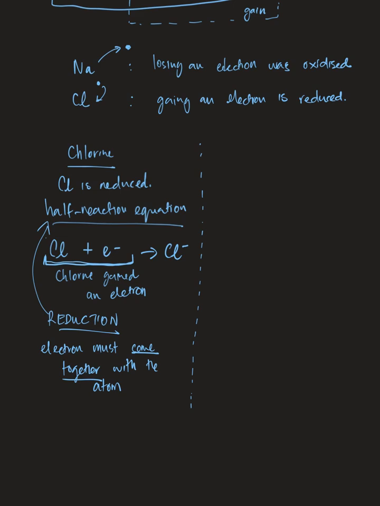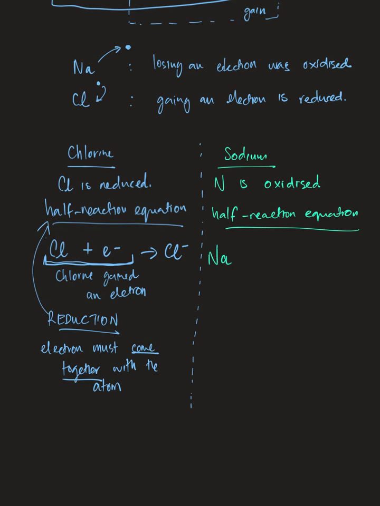The other one, I'll do another color, is sodium. And I know of sodium that the Na is oxidized. Alright, so this one's a little bit complicated because what's happening when it oxidized, it lost. So when that happens, we have to actually look at this. The Na, minus an electron, became Na plus.